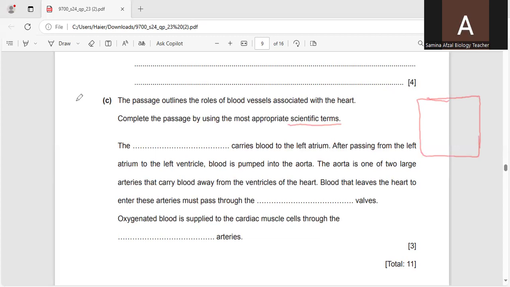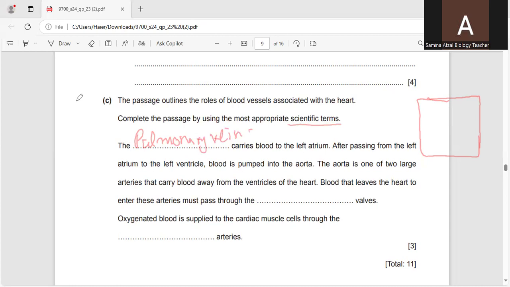It means here in this case, an artery will carry the deoxygenated blood and the vein will carry the oxygenated blood. So the pulmonary vein carries the blood to the left atrium.